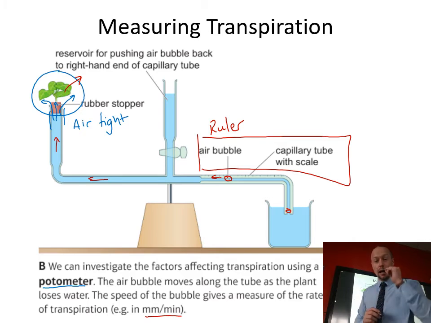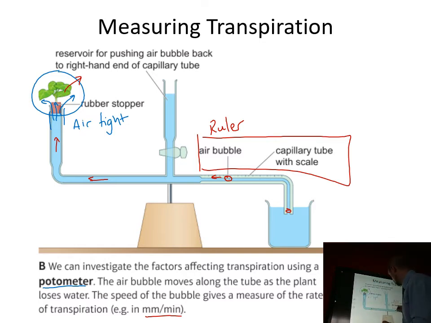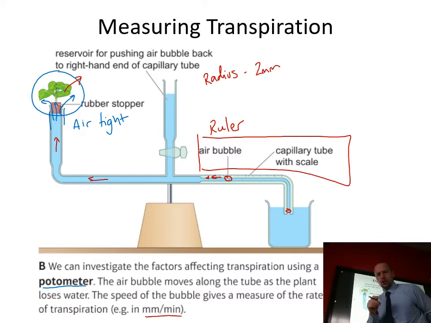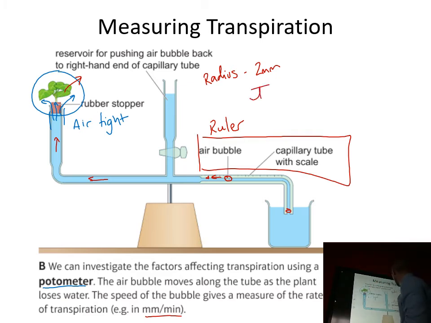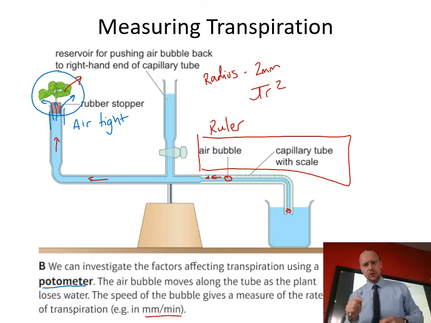Another thing I have seen in an exam was how much water has been taken up. So if we knew how many millimeters the air bubble had moved, and we knew the radius of this tube, so if we knew the radius was 2 millimeters, we could do pi r squared to work out the area of a circle where the radius would be 2 millimeters.